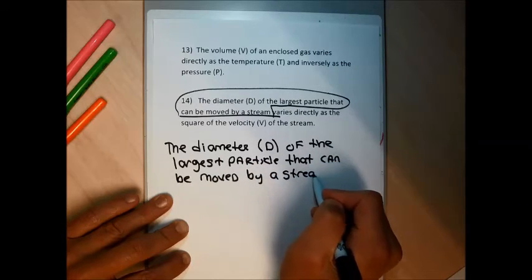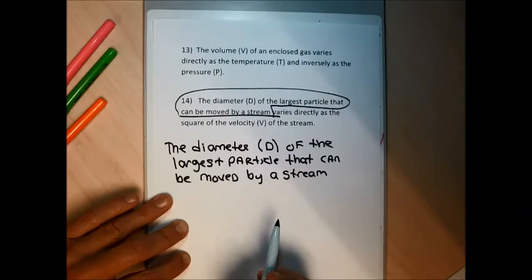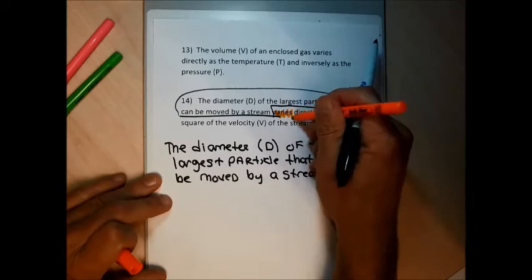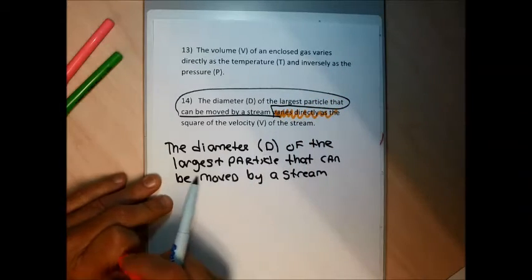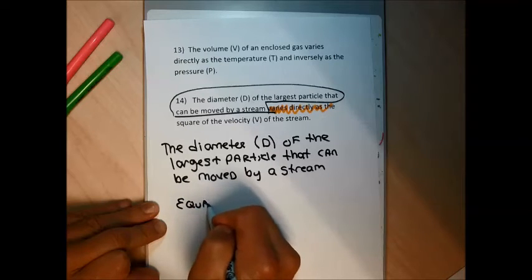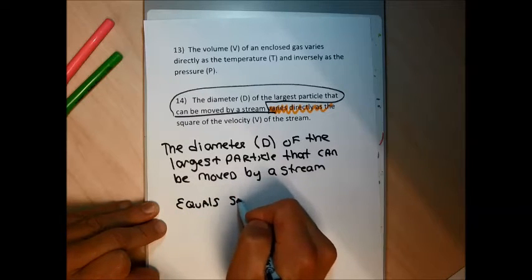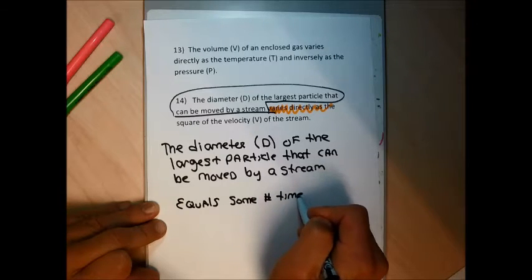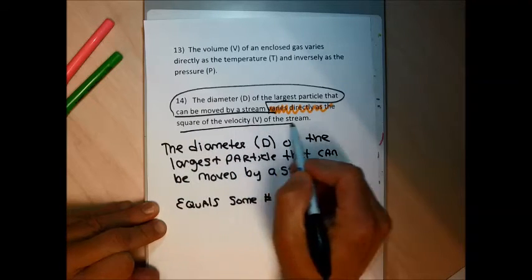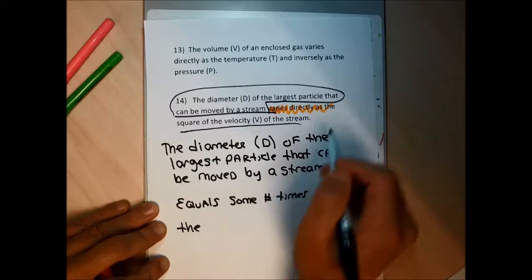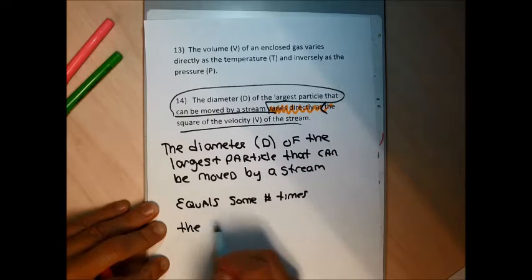So those words are going to condense down to a single letter. And then I'm going to replace the words varies directly as is equal some number times and then the square of the velocity of the stream. This square is more part of the end.